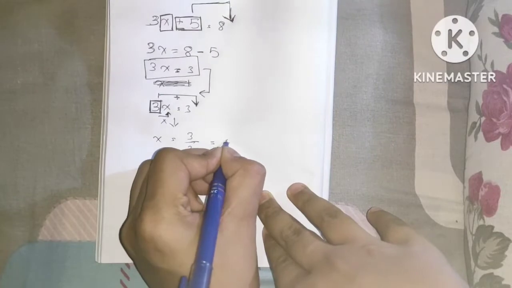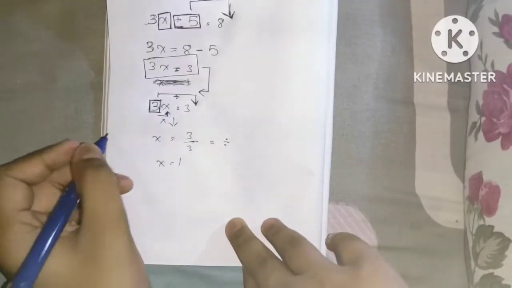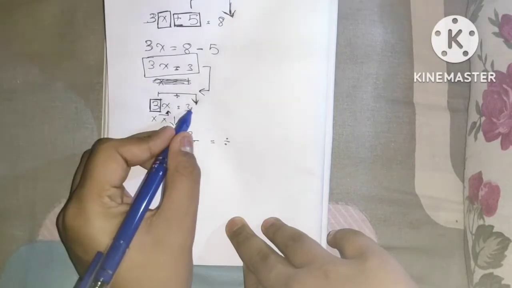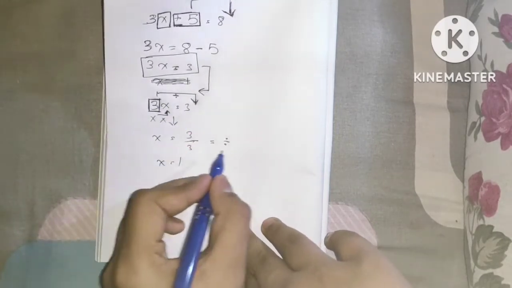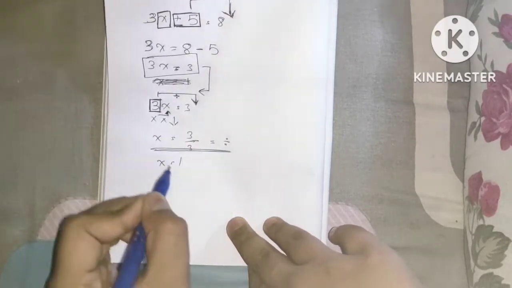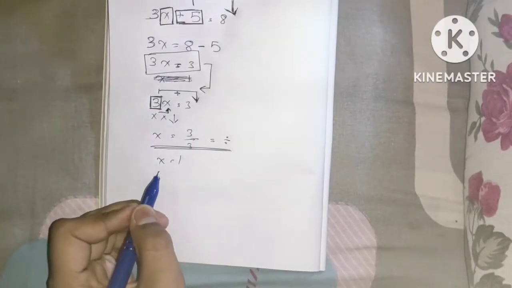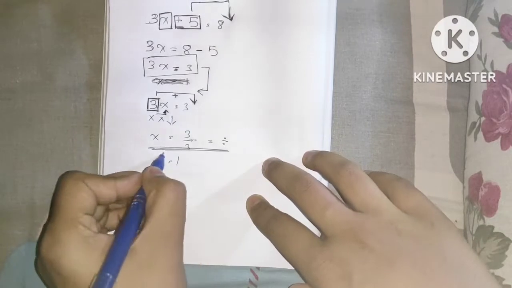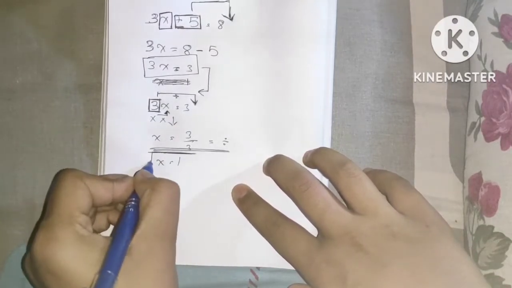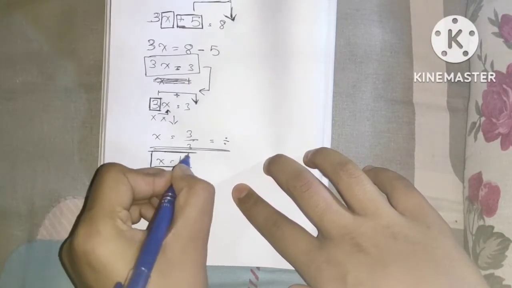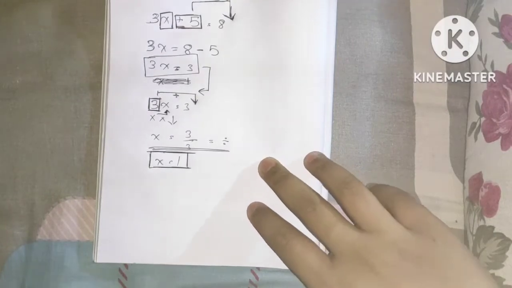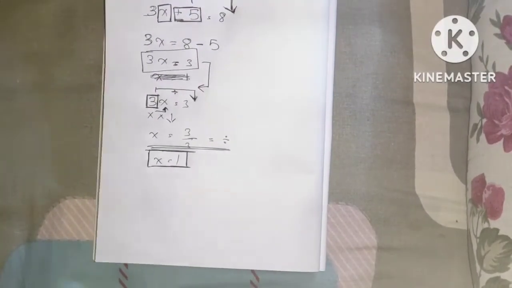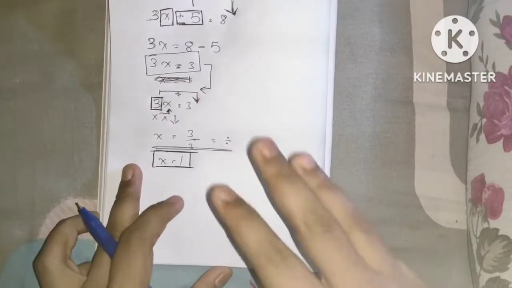This was multiplication, and this will be division. So this is the result. You can stop your solution right here. This is your perfect answer. This is a simple one which you guys can find.